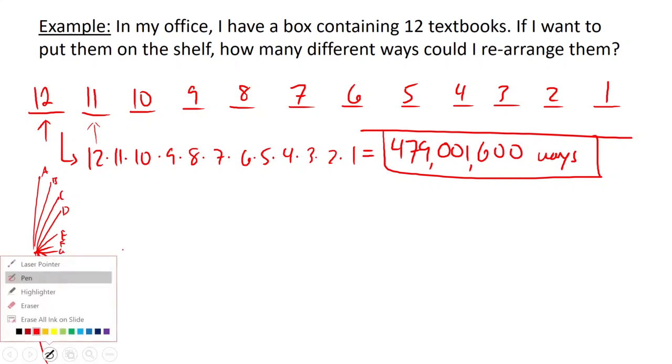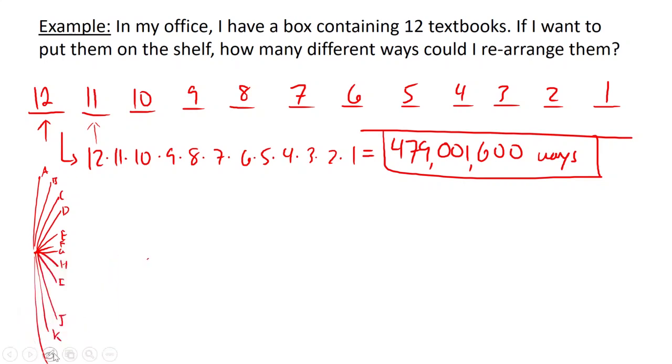Right. So let's say that's not what I want to do. Whatever. There's a menu down there. It wants to pop up, but you get the point, right? So in this case, you could pick whatever book you want in the first slot, right?